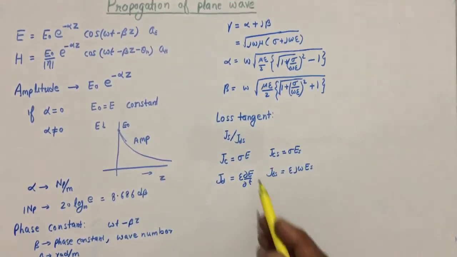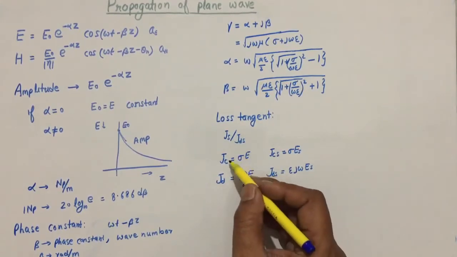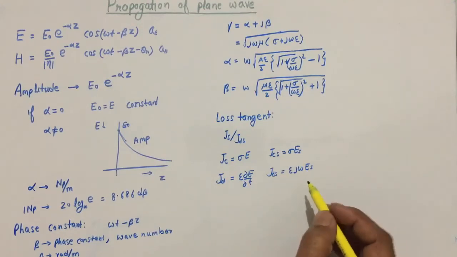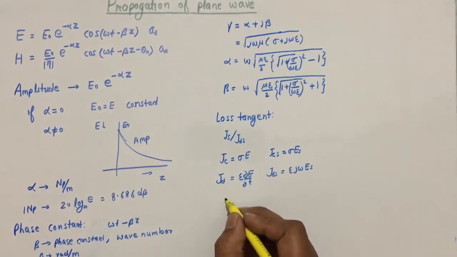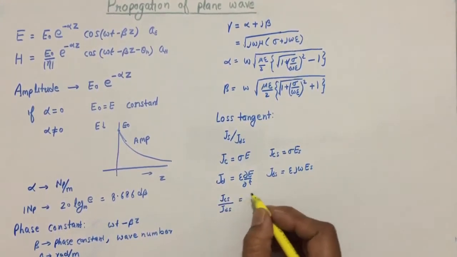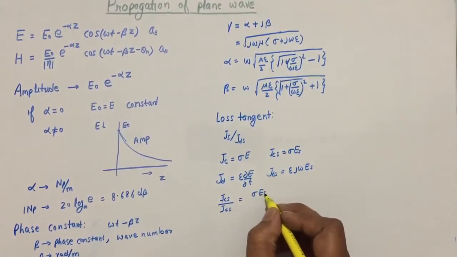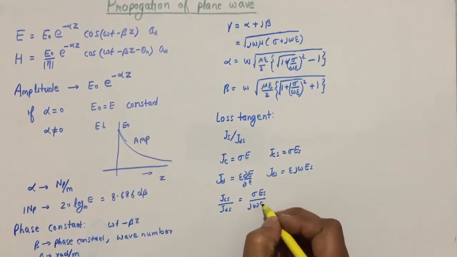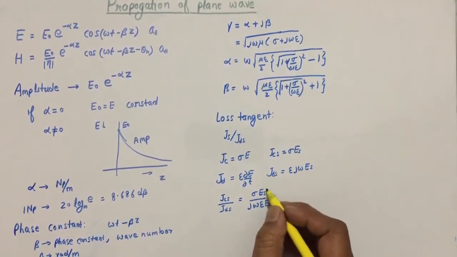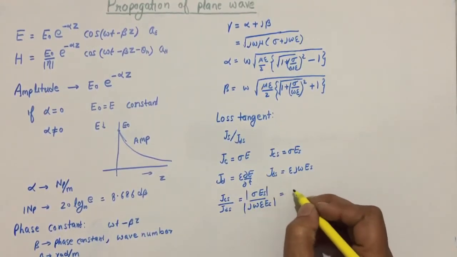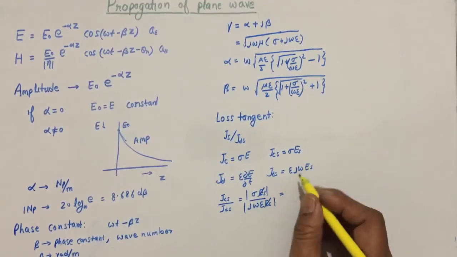To find the loss tangent, we just have to take the ratio of this to this. So for loss tangent, we do Jcs divided by Jds. That will be sigma Es divided by j omega epsilon Es. In magnitude, Es can be cancelled out.